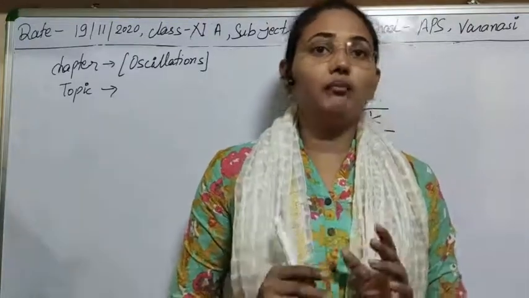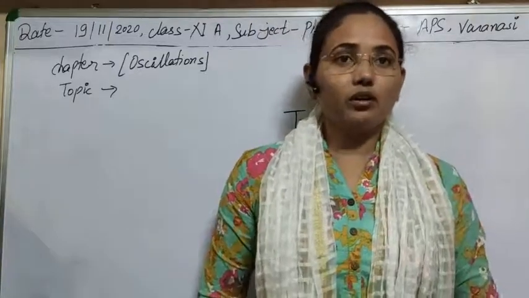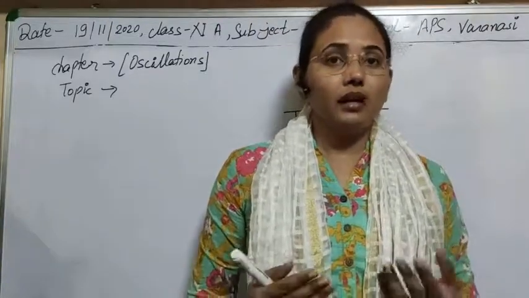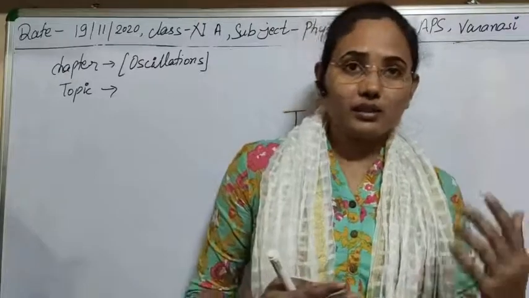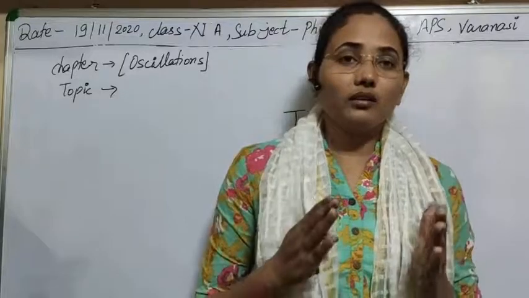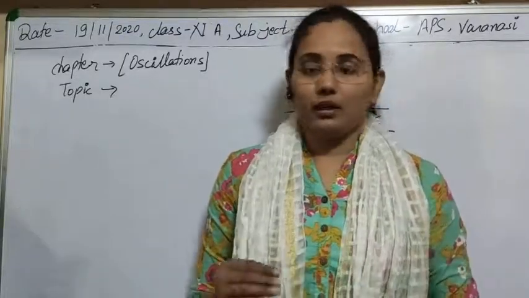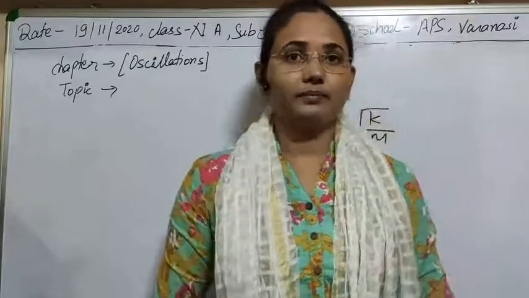That can perform simple harmonic motion easily. But in daily life it is not possible to make a point mass or such a string. So what types of cases can we take for the performance of simple harmonic motion? Let's see all of them one by one.